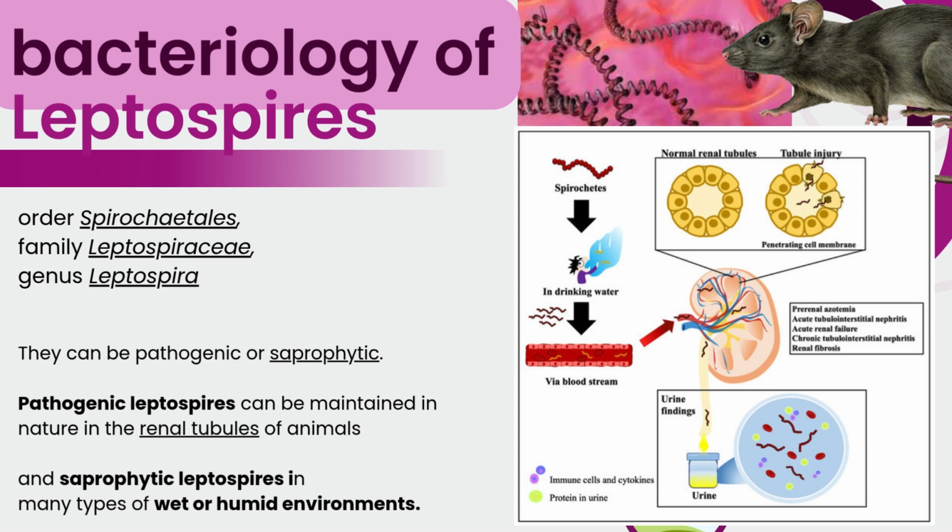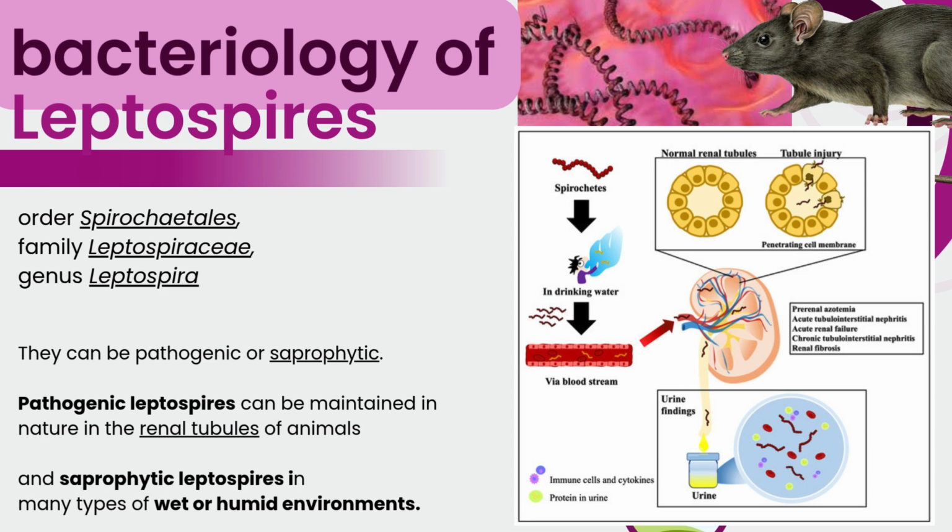So, now let's take a closer look at the bacteriology of leptospires. Leptospires belong to the order Spirochaetales, family Leptospiraceae, and genus Leptospira. These bacteria are quite intriguing as they can be either pathogenic or saprophytic, meaning they live harmlessly in nature.